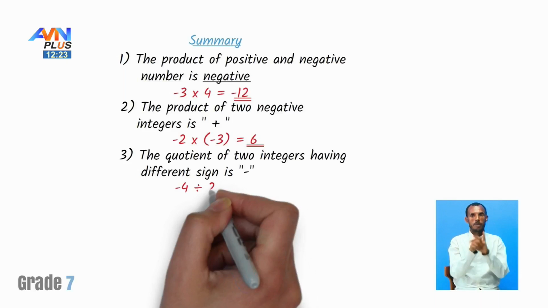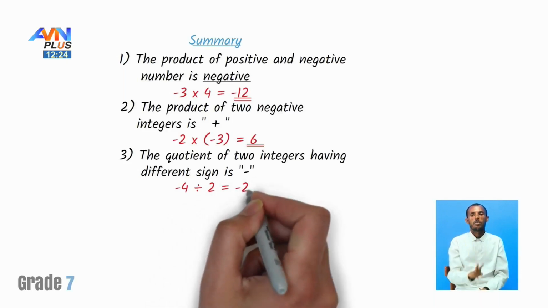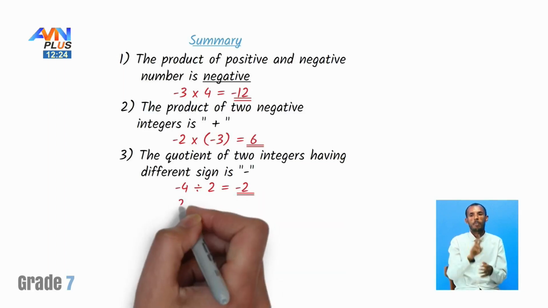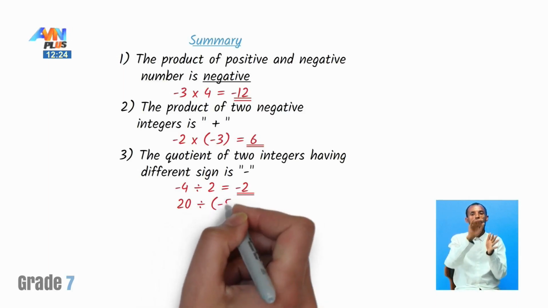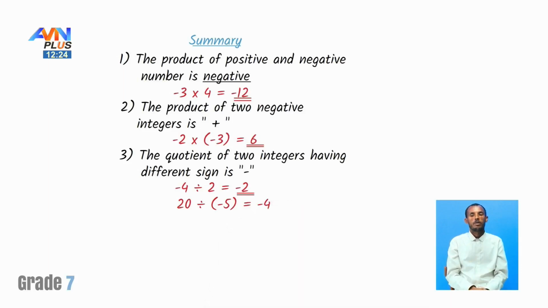For example, negative 4 divided by 2: both have different sign, the quotient is negative. 4 divided by 2. Again, if you have 20 divided by negative 5, the two numbers have different sign, so the quotient is negative, and you divide 20 by 5, you have negative 4.